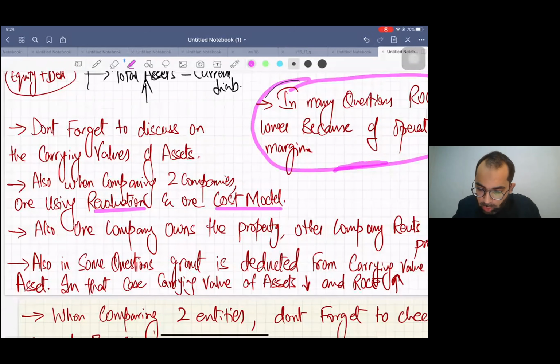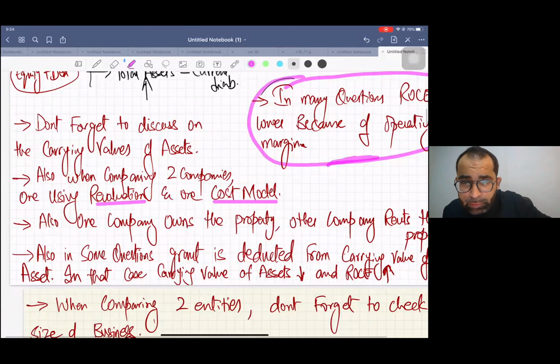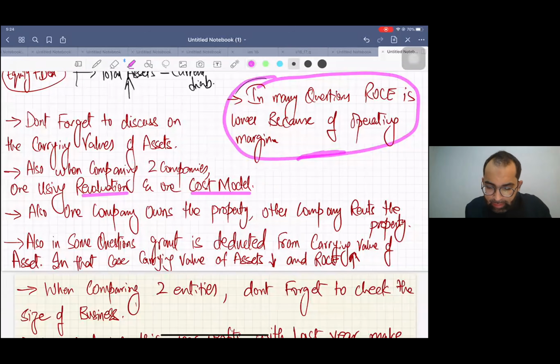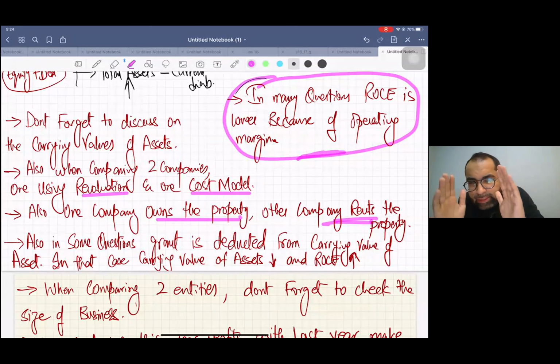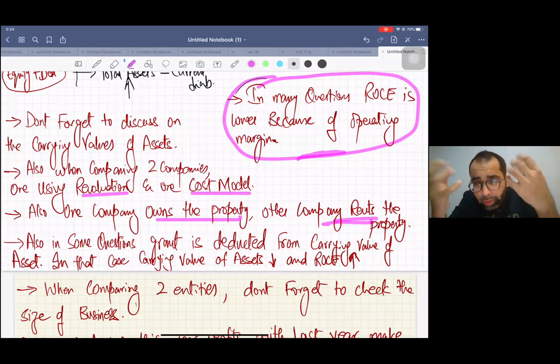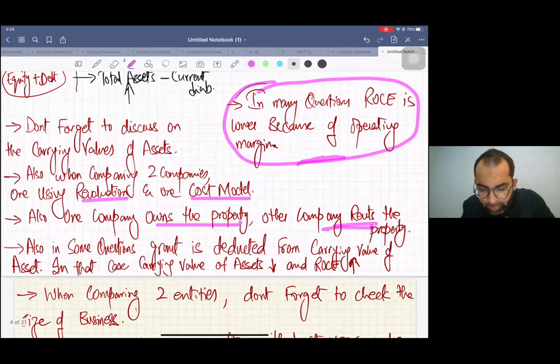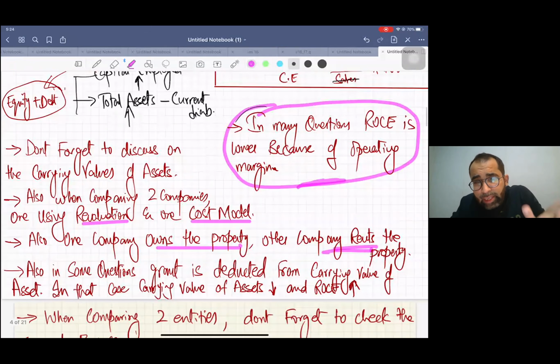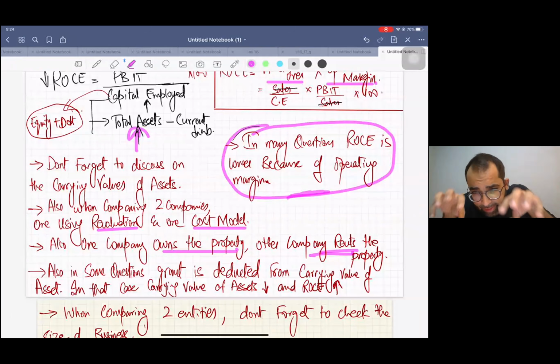Now also, this thing came in a past paper, I saw it. One company owns the property and the other company rents the property. Listen. Let us say there are two companies, company A and company B. Company A buys the property and owns it. So in company A's books the asset value will be higher because company A has bought the asset and recognized it in its own books.